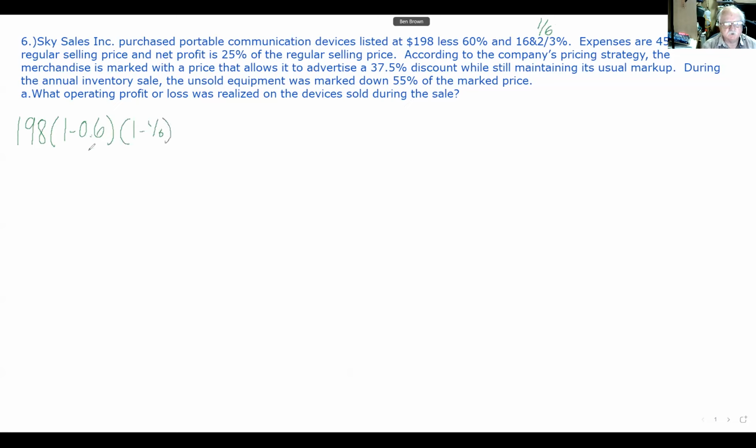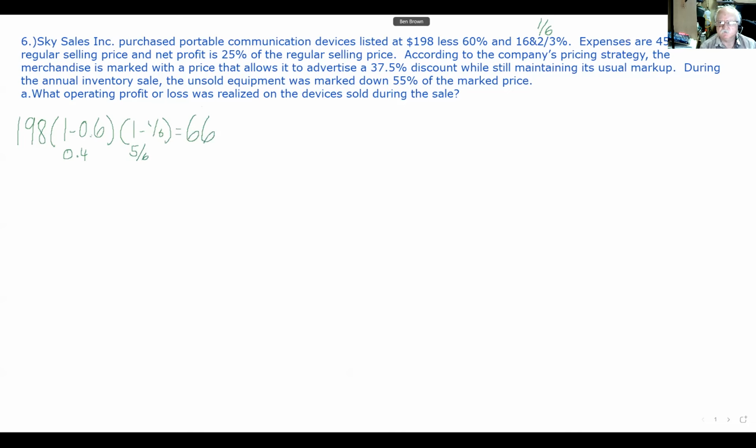So 1 minus 0.6, this will be 0.4. And 1 minus 1/6 will leave us with 5/6. So when I plug this into my calculator, I'll start with 5 divided by 6 times 0.4, and then times 198. So I get their cost being 66.